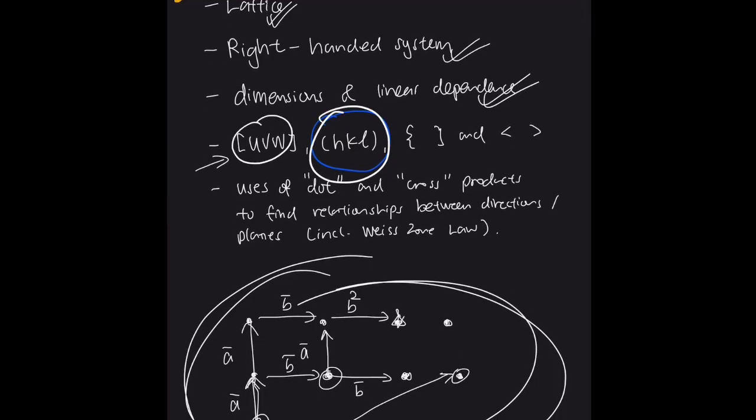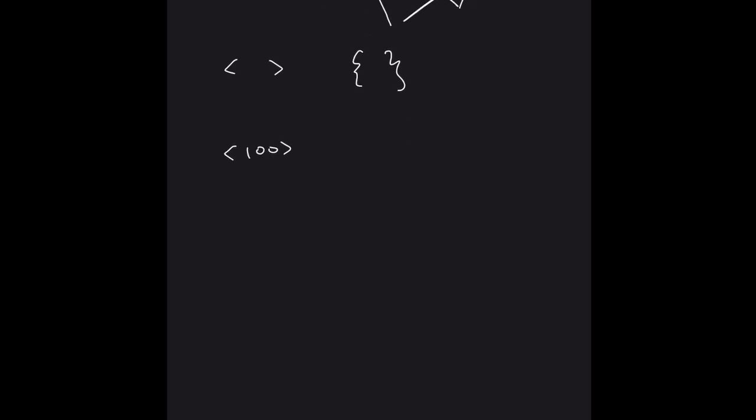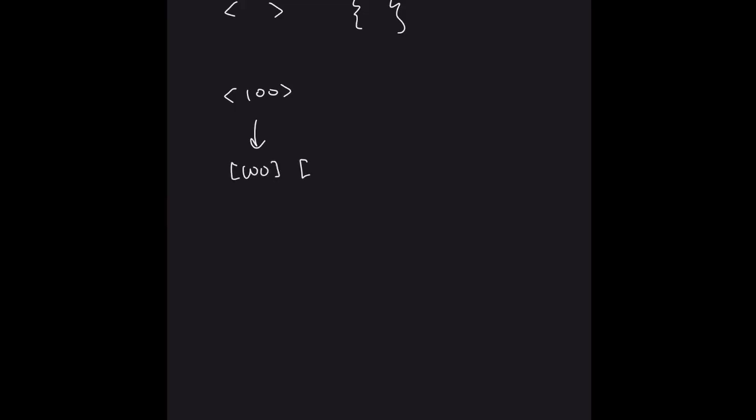So when you have something like <100>, that just means you are referring to all the directions in this family. So these directions are [1,0,0], [0,1,0], [0,0,1], [1bar,0,0], [0,1bar,0], [0,0,1bar].